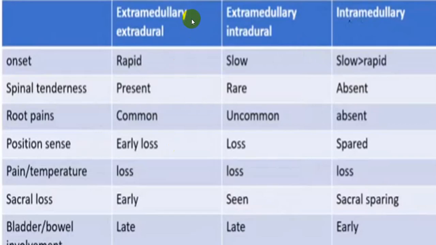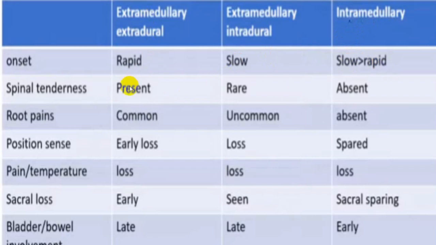This is a slight difference between extramedullary, which you can divide into extradural and intradural, and intramedullary. Onset is always rapid in case of an extradural, while it is gradual in case of an intradural, and in intramedullary by and large it is slow as compared to rapid onset.